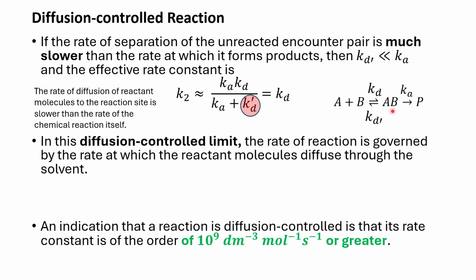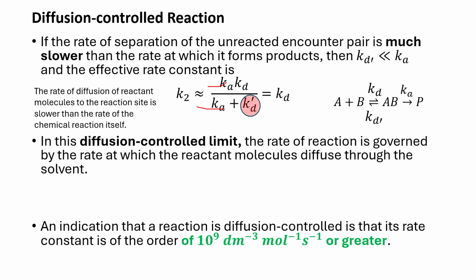So in this case, if Kd prime is very small, then we can neglect this value and the rate of the whole reaction approaches Ka multiplied by Kd divided by Ka. So Ka and Ka cancel out, leaving only Kd.